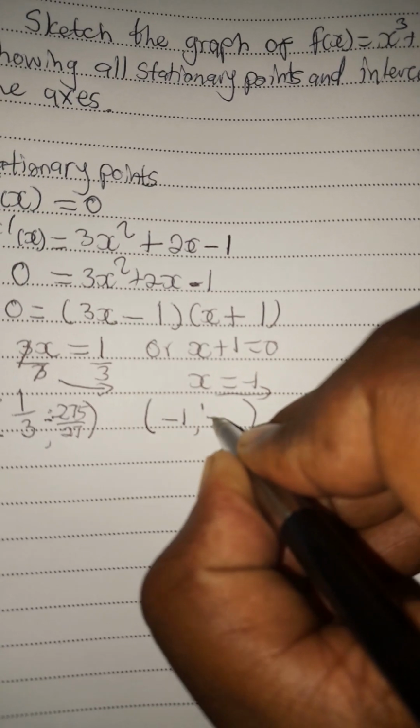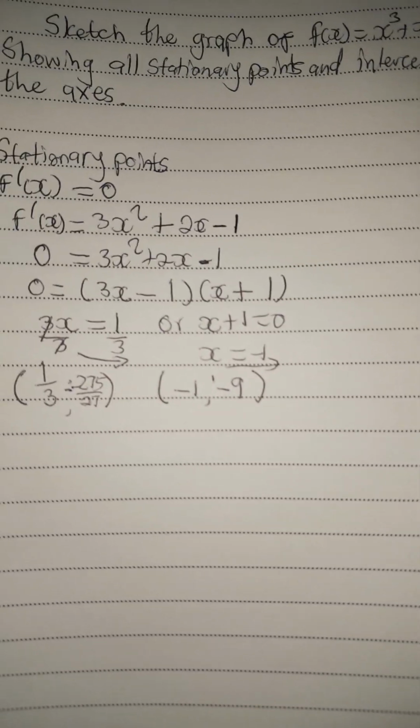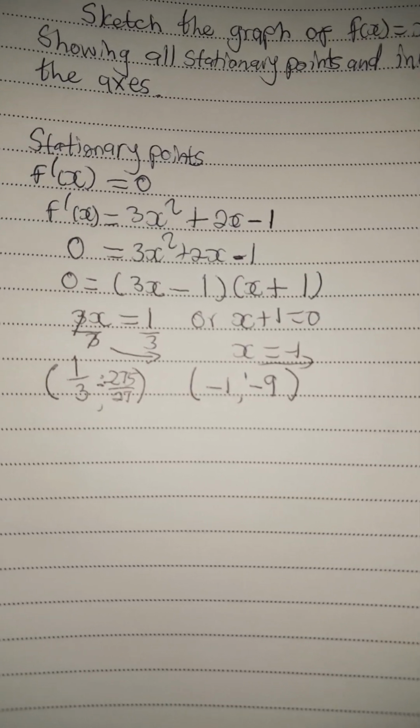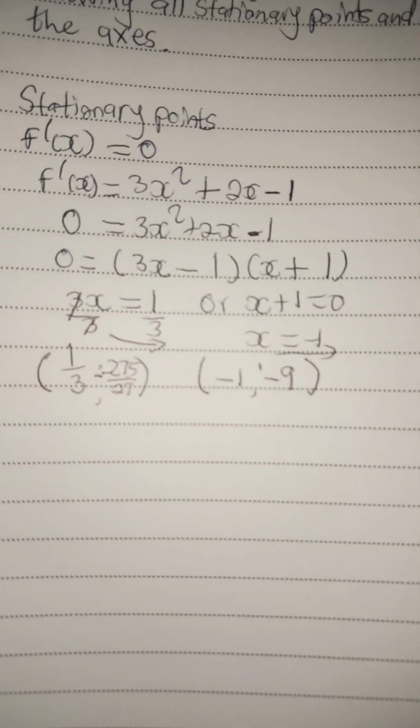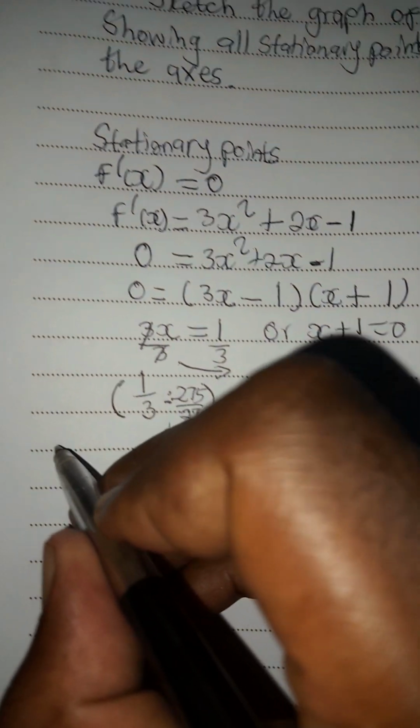So definitely we are going to have negative 9 as our y value. That was the stationary points. Remember, they are our turning points.